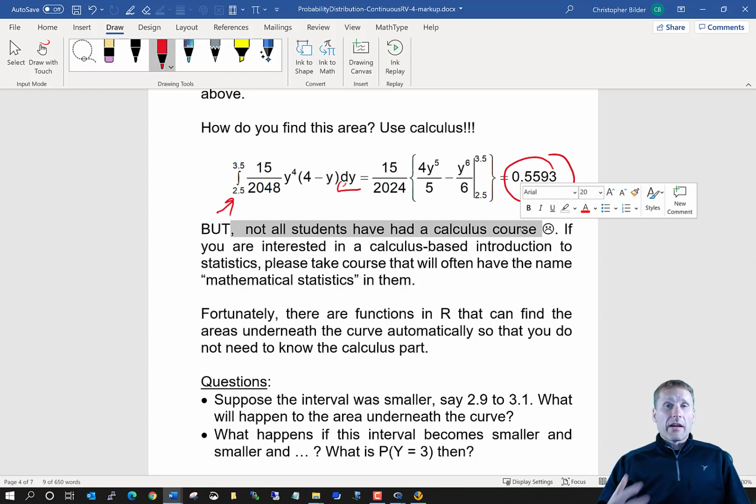I will periodically still show you how to do the calculus because a large number of you have had a calculus course, but I won't ever require you to actually do an integration. If you do want to know more about the approach to statistics that does use calculus, take a mathematical statistics course.